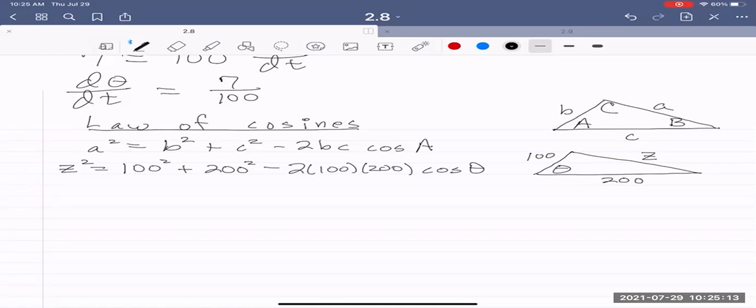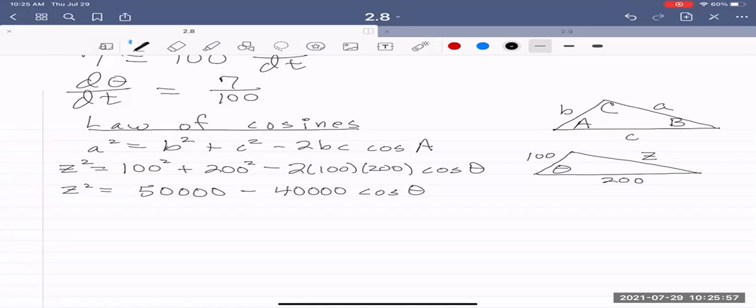And so z squared is equal to 10,000 plus 40,000 is 50,000, minus 40,000 cosine theta. When I differentiate, I need to know the cosine of theta. So I need to know somehow the cosine of theta.